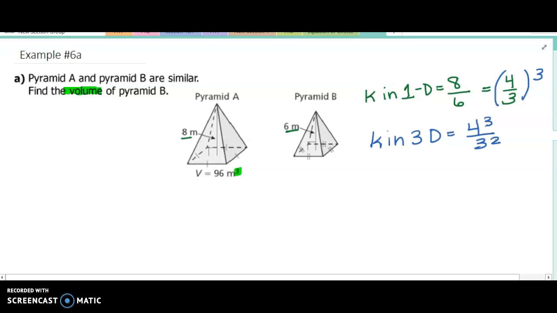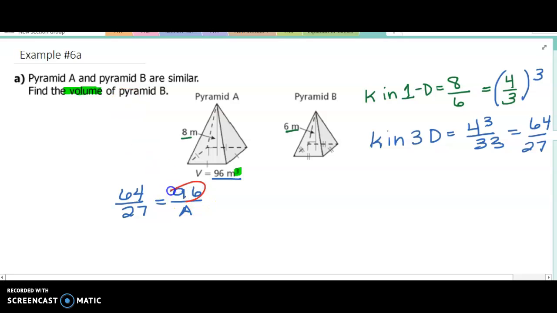So the scale factor in 3 dimensions is 4 cubed over 3 cubed. And 4 cubed is 64, and 3 cubed is 27. Okay, so my scale factor in 3 dimensions is 64 over 27. So I'm just going to set up 64 is to 27 as the area of the big is to the area of the little.